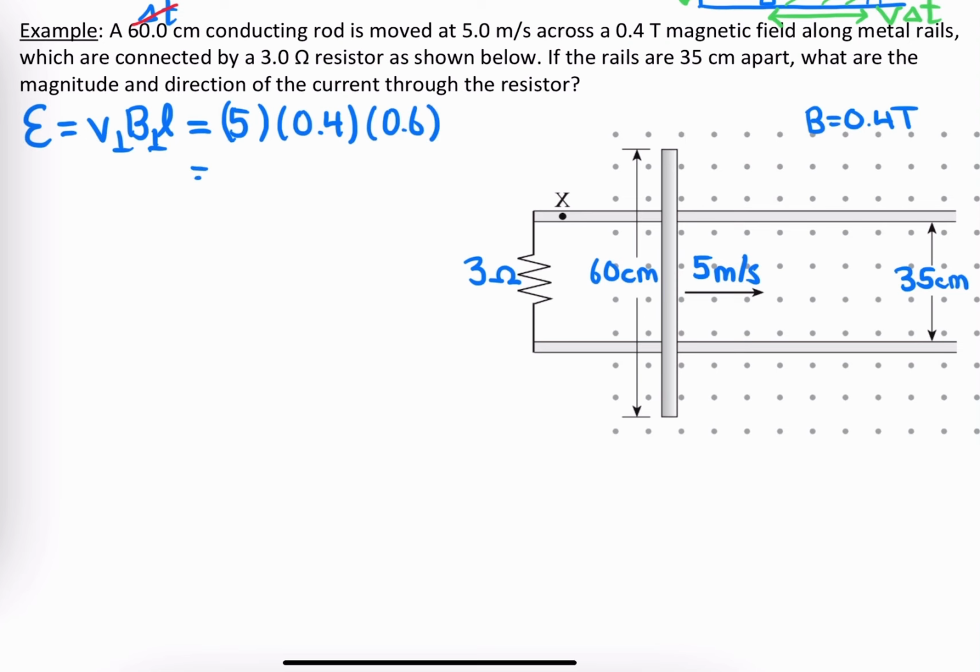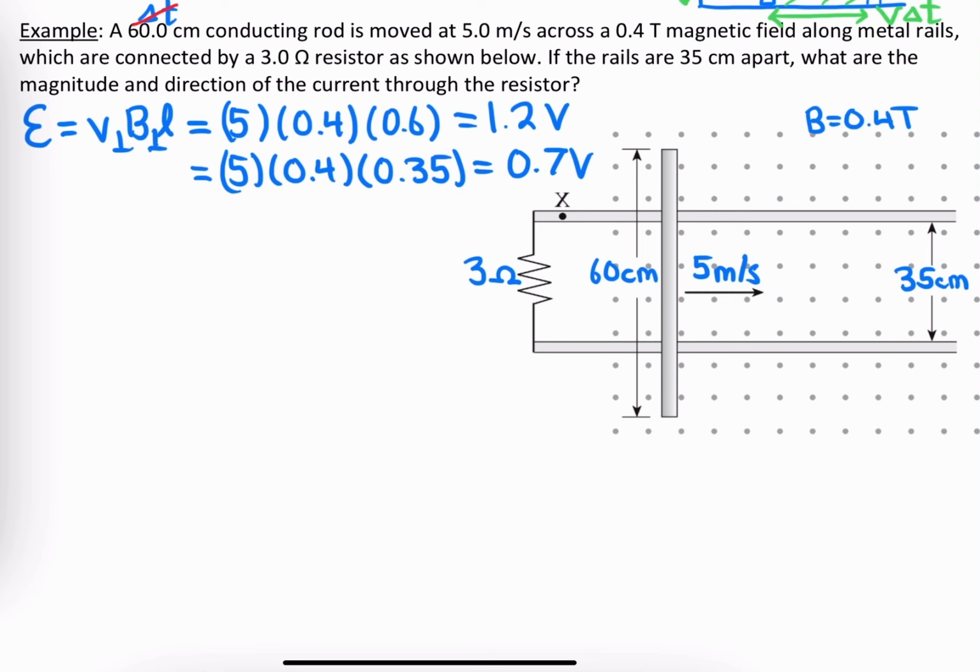So we'll calculate it once with the 60 centimeters and once with the 35 centimeters. And the two numbers we get are 1.2 volts and 0.7 volts.